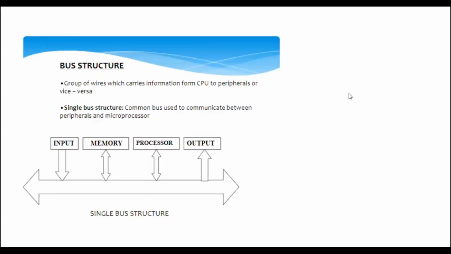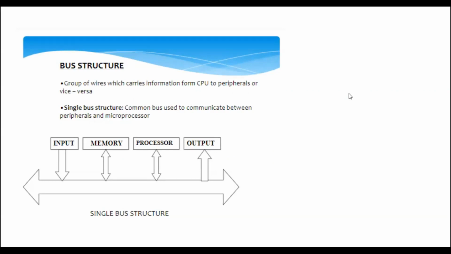So the bus structure is a group of wires which carries information from the CPU to peripherals or vice versa. It consists of a single bus structure, a common bus used to communicate between peripherals and the microprocessor.